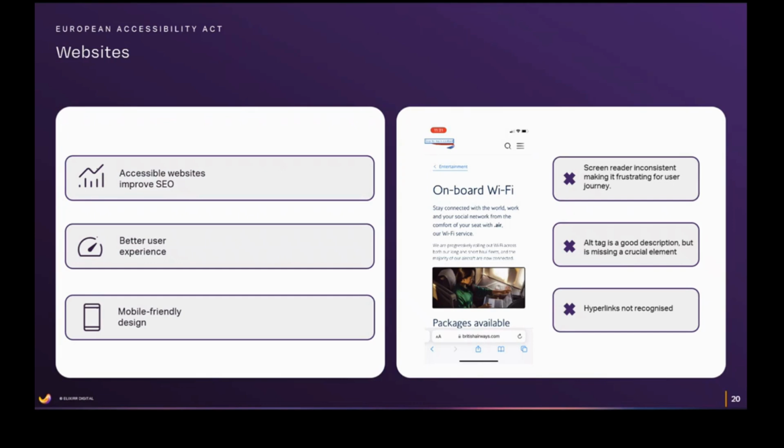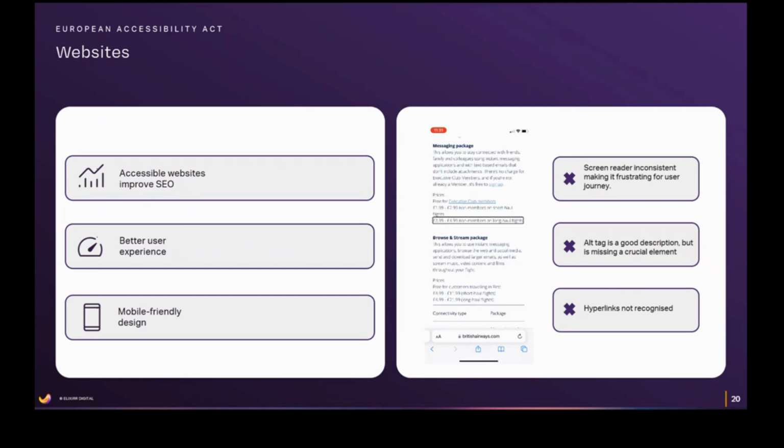Image. Swipe up or down to select a custom action. Then double tap to activate. Page 2 of 5. This allows you to stay connected with friends, family and colleagues using instant messaging applications and with text-based emails that don't include attachments. There's no charge for executive club members, and if you're not already a member, it's free too.